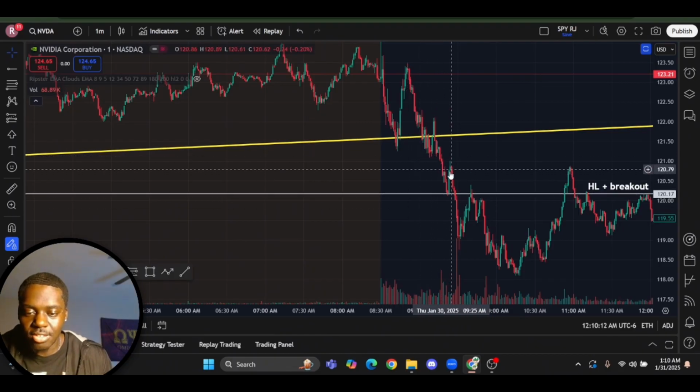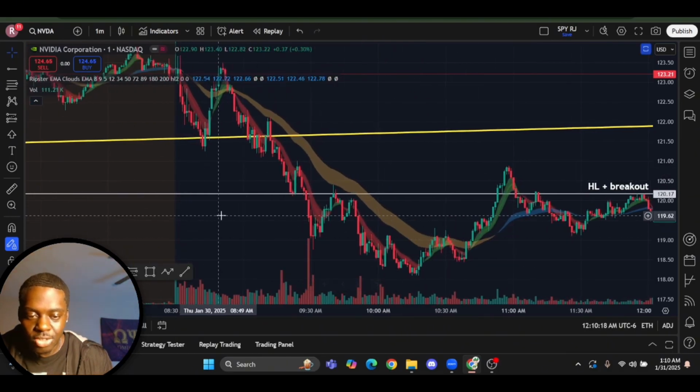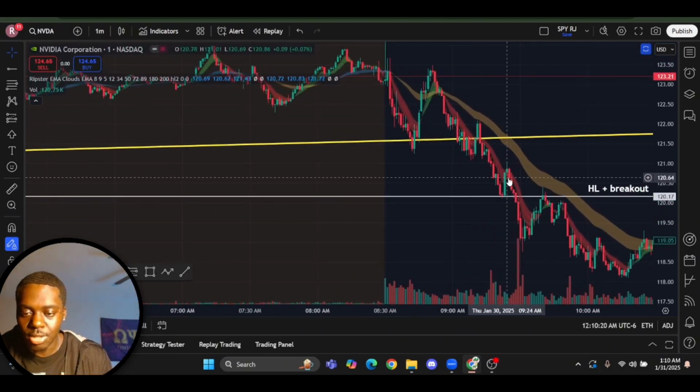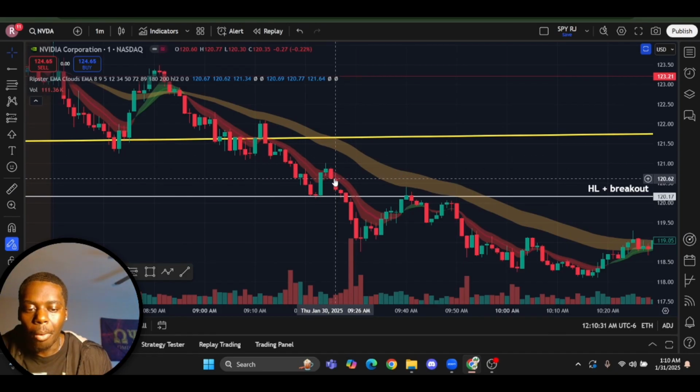So when we got this pushed up right here, I noticed that it was still rejecting the bottom Ripster cloud, okay? So I entered on this candle right here because it was rejecting, all right?